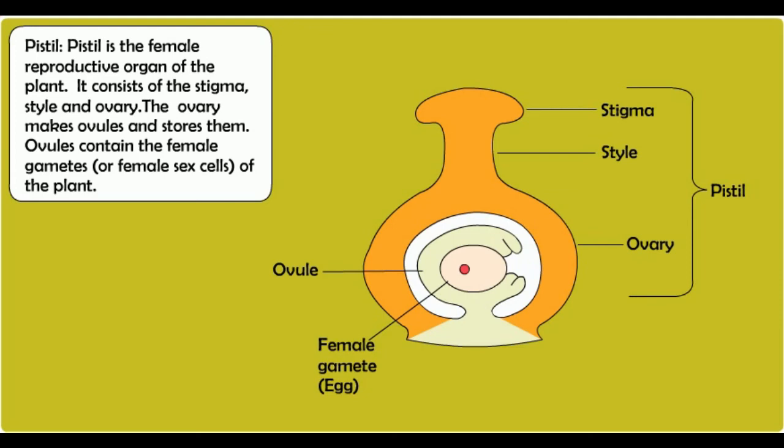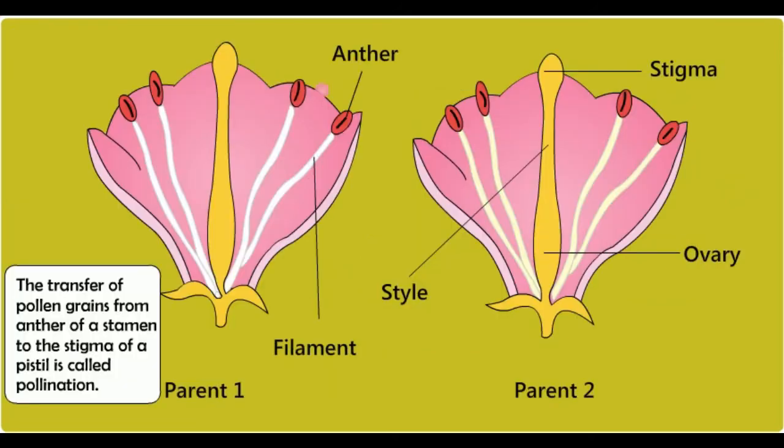It consists of the stigma, style, and ovary. The ovary makes ovules and stores them. Ovules contain the female gametes or female sex cells of the plant. A new seed of the plant is formed when the male gamete present in a pollen grain unites with the female gamete present in the ovule.